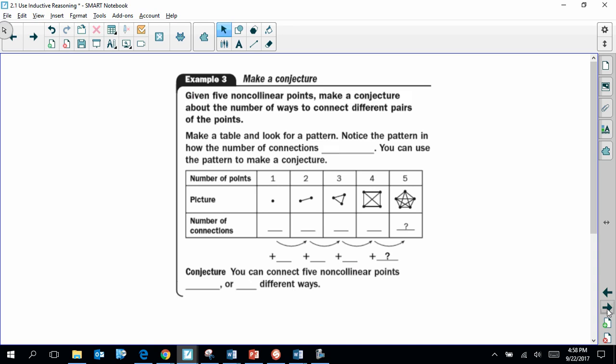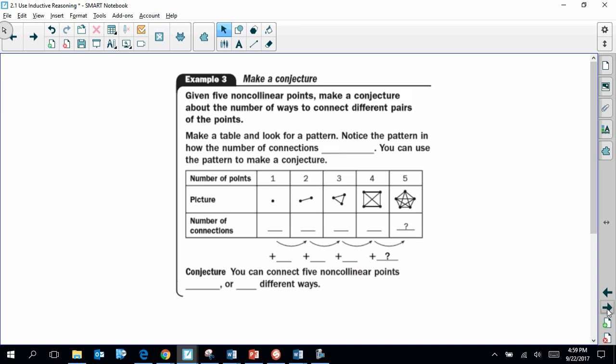This is also a very popular question dealing with handshakes, where the number of points would be like people, and if each person was going to shake hands with somebody else that was there, how many times would people shake hands without repeating themselves? So this is where we're going to start off with a model.